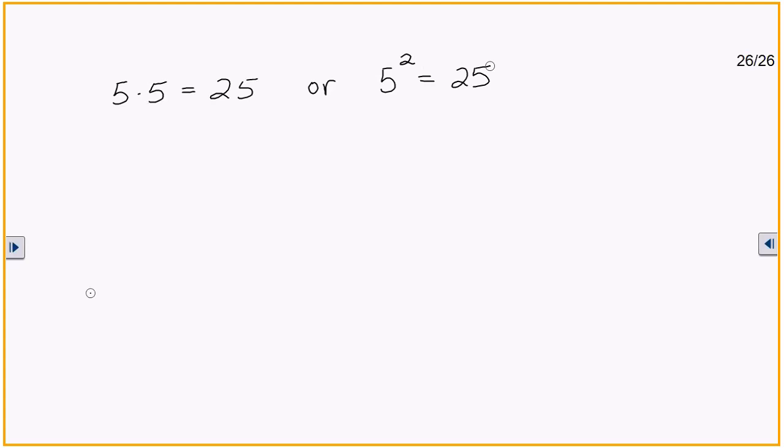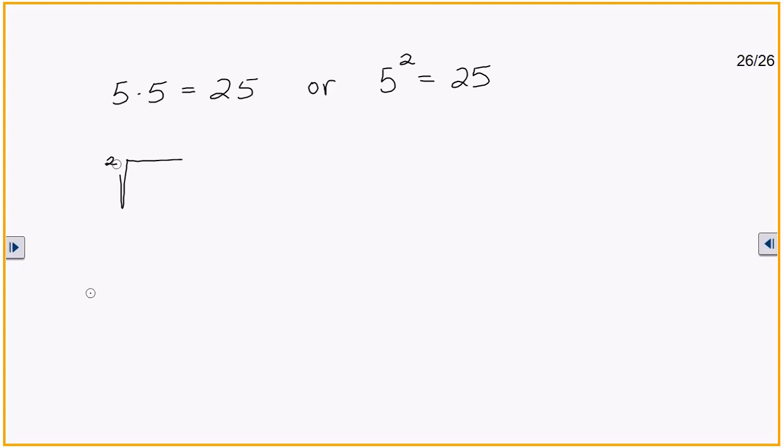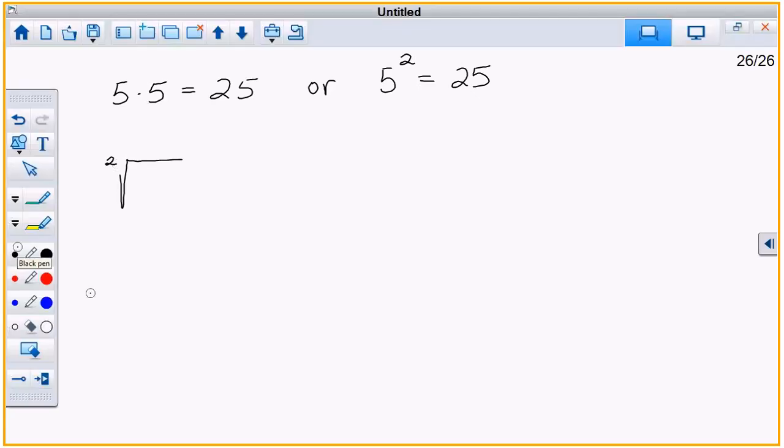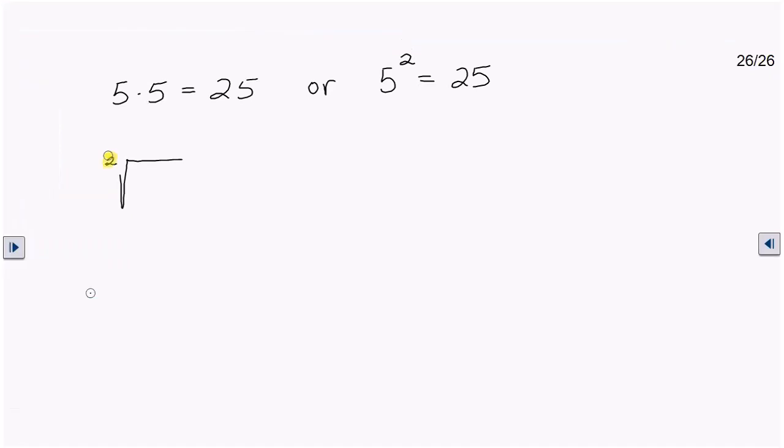So let's talk about the square root. What is a square root? Well, this is what a square root looks like. It's got two parts. Let's name those parts. This part is called the index.